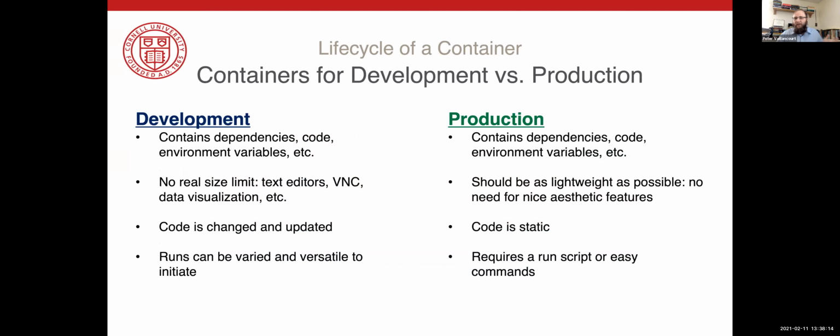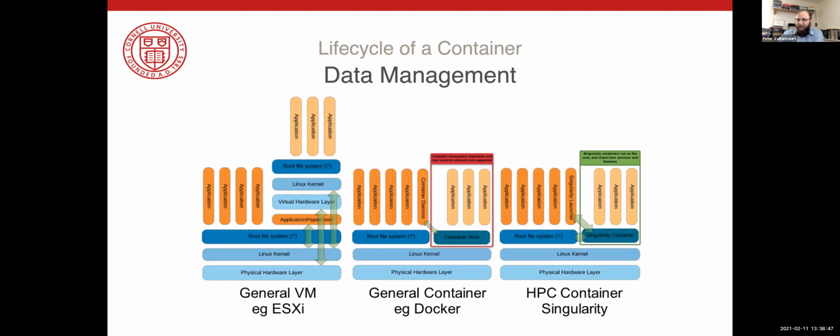Especially, it's more important that your production container is lightweight if you're starting to use something like Kubernetes in the cloud, which is becoming more popular for scientific computing applications. With a development container, you have code that's changing, it needs to be updated, whereas a production container is more static. So there's a different philosophy in how you produce those containers. You might start with a development container, pare it down into a production container before deploying on a resource for computing. And data management is a major factor here with containers.